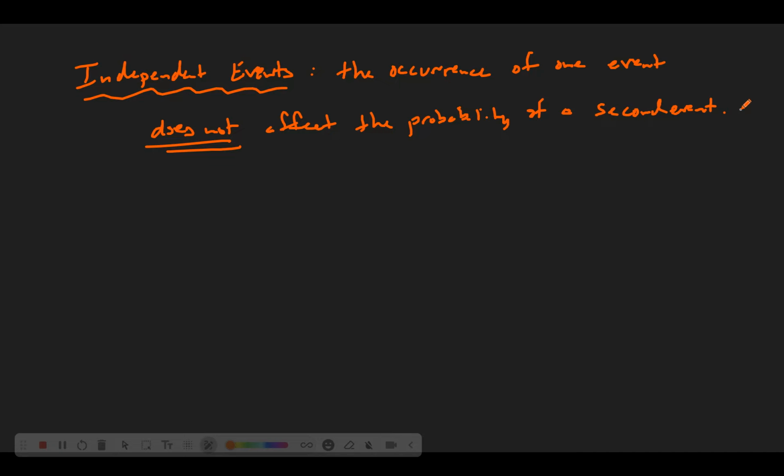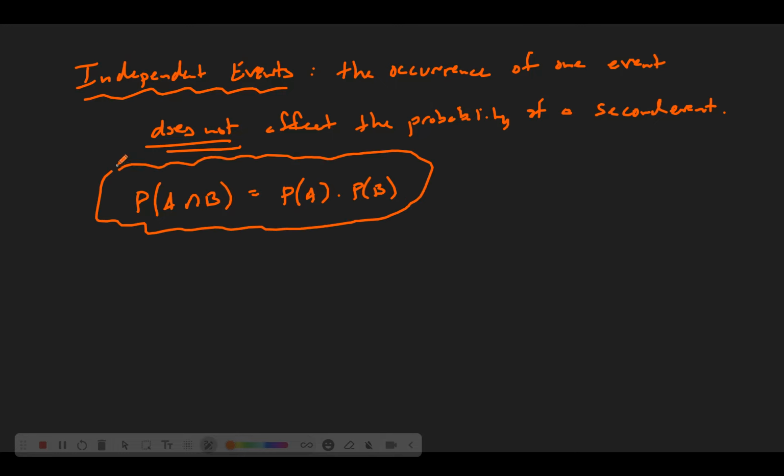The probability of one event does not occur or does not affect the probability of a second event. So if I want to find the probability of A and B occurring, A and B, it is just going to be the probability of A times the probability of B. We're going to multiply. This is a very important formula for the state test.